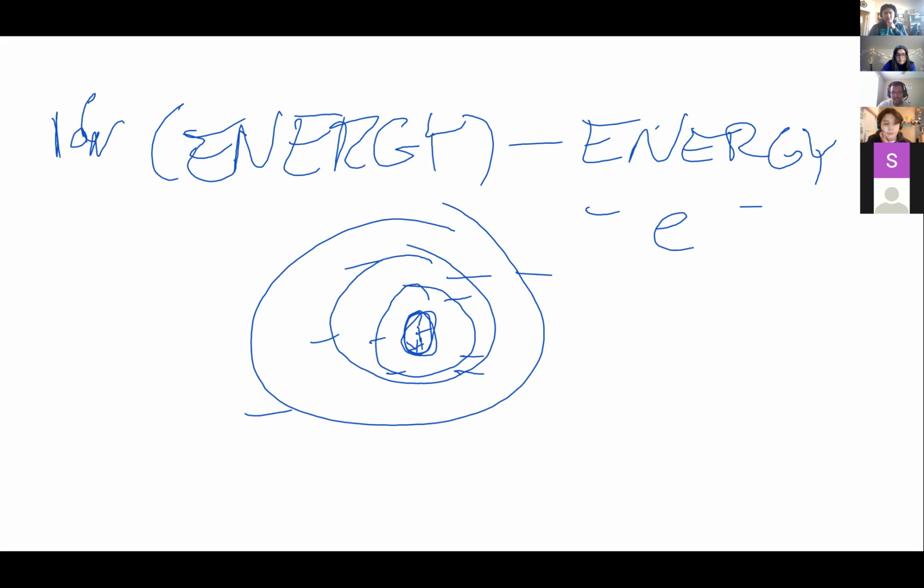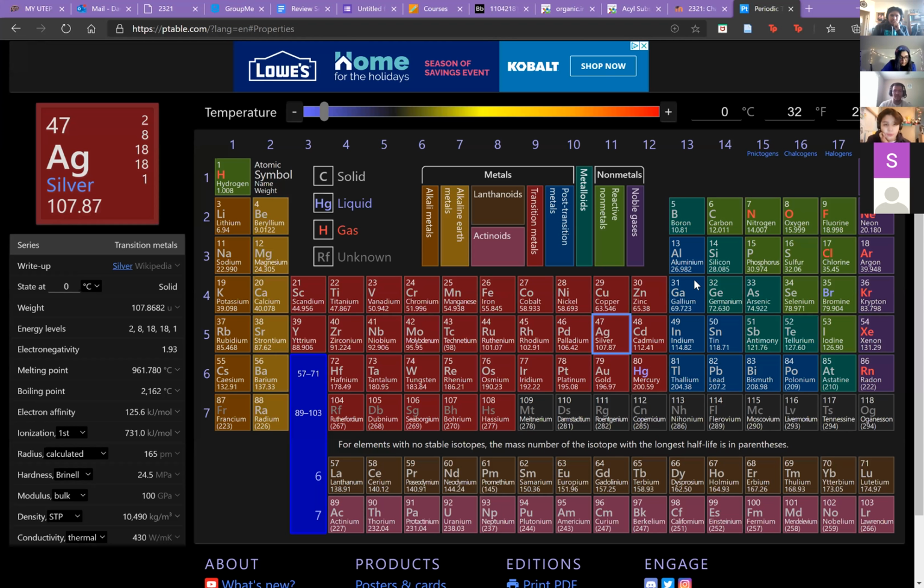Going back again, which do you think would be the hardest to steal from? What element would be the hardest to steal electrons from? Noble gases. Ignoring noble gases, then the halogens.